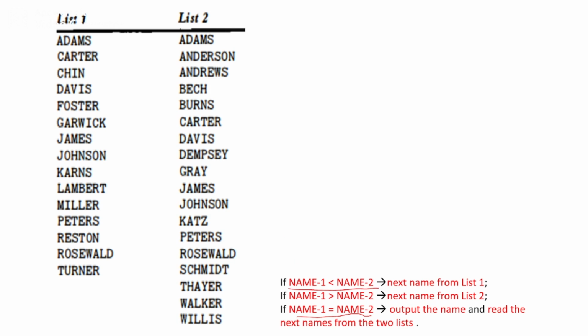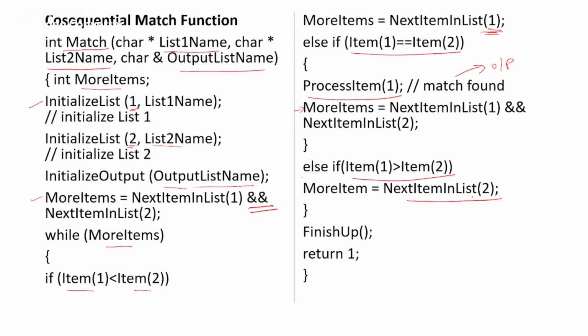So if name 1 is greater than name 2, next name from list 2. This will be repeated until you have more items. When you get empty in any one of the lists, you just finish it up. So the finish up function you are going to call and return 1. So this is the cosequential match function.